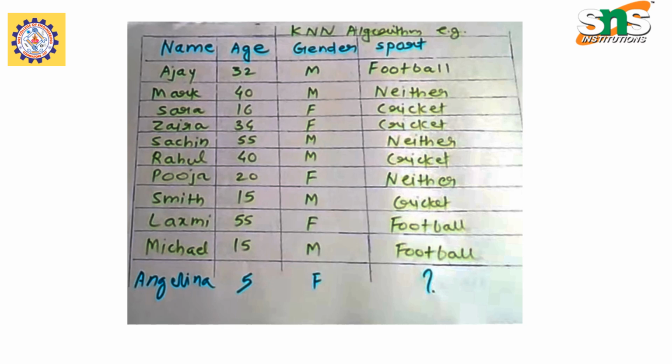Now we are going to find out what sport Angelina will choose, using KNN nearest neighbors.